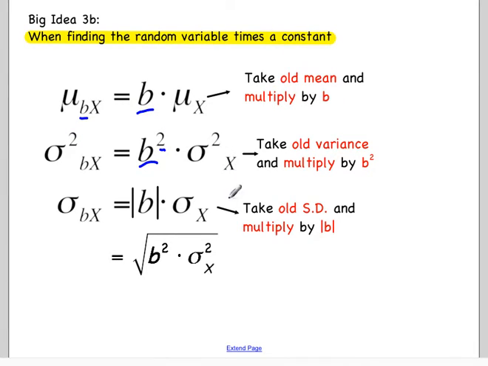You're squaring everything. For standard deviation, you would take the square root of this variance, but because you're multiplying, it actually does cancel off the squares. So we can just take the old standard deviation and multiply it by that constant. Technically, it's the absolute value, but I don't think you ever really have to worry about that.